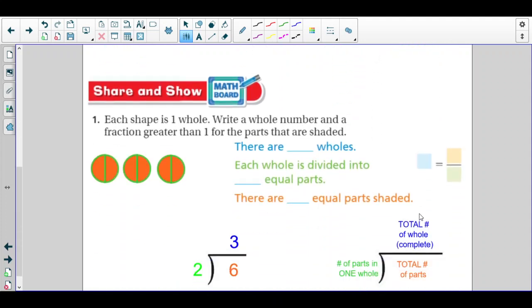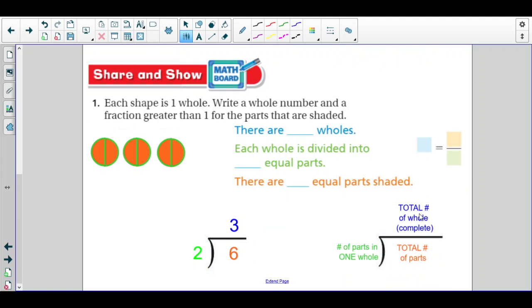So, we'll take a look at an example that I sort of made up here. Each shape is 1. All right, so what do we have here? How many wholes do we have? Well, we've got 1, 2, and 3. So right here we have 3 wholes.